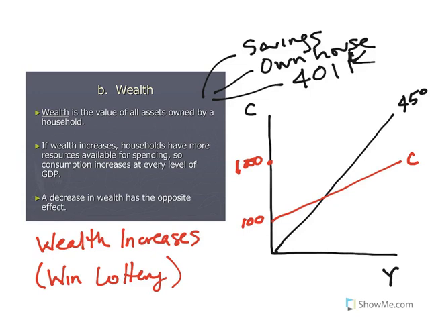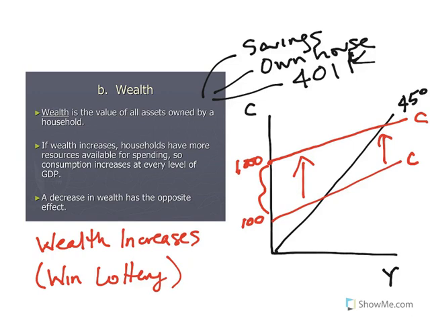So now that my wealth has increased, notice that what that does is shift my consumption function up. An increase in wealth will cause autonomous consumption to increase, which is why our entire consumption function is going to shift. And of course, the opposite would happen if you had a decrease in wealth.